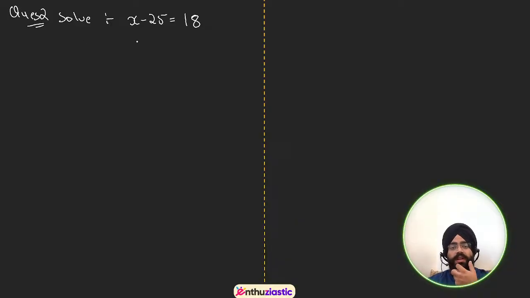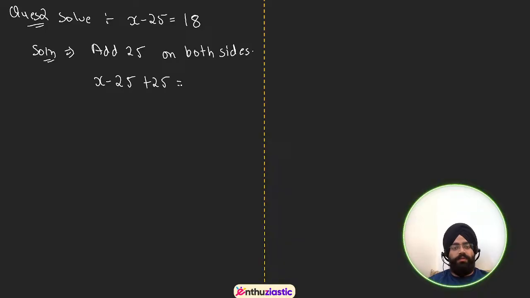We have to remove the number minus 25, right? So to make the variable alone, we have to add 25 on both sides, right? To add 25, we should do plus 25.